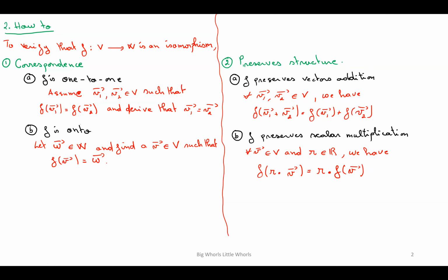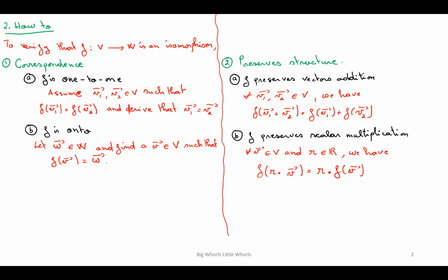So basically, I should stop here and give the tutorial: pick a function and show that it is an isomorphism. But I prefer to do all the theory here and do the tutorial in the next video. So you have two choices.